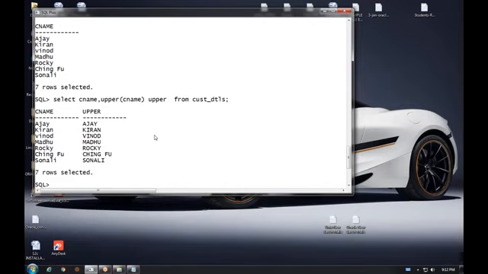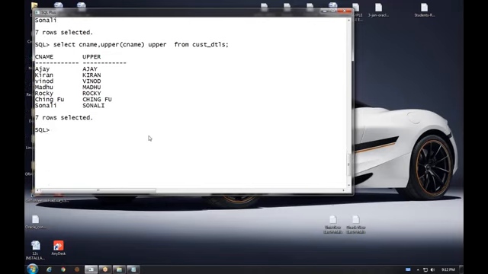And next one is init cap. Init cap of 'welcome to Oracle functions'.